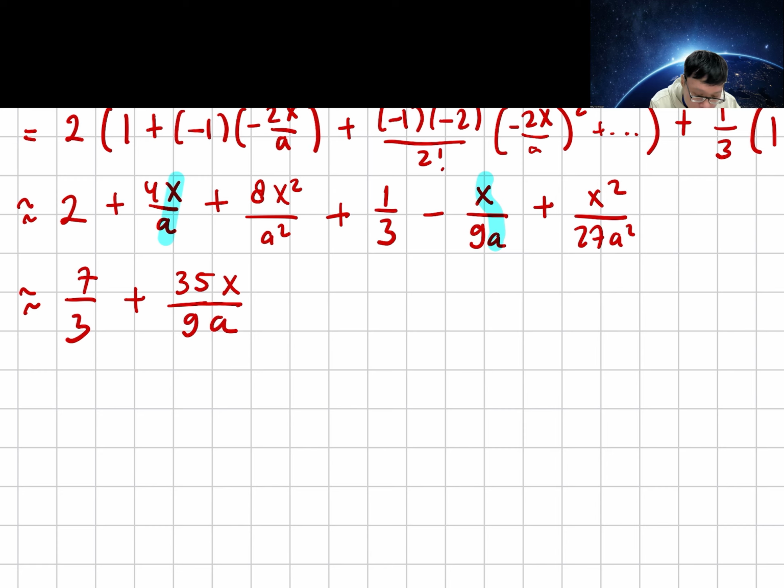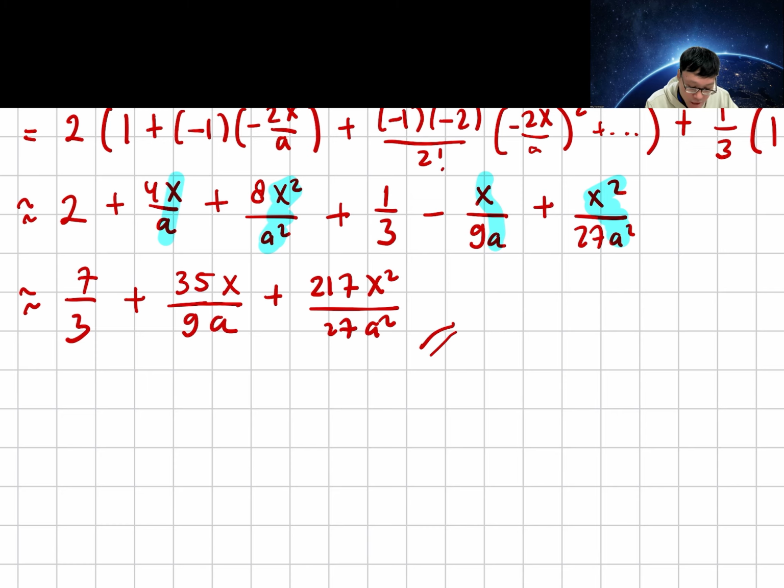And then we have 8x squared over a squared plus 1 over 27 x squared over a squared. So 8 plus 1 over 27, and that gives you 217 x squared over 27a squared. So this is the final answer.